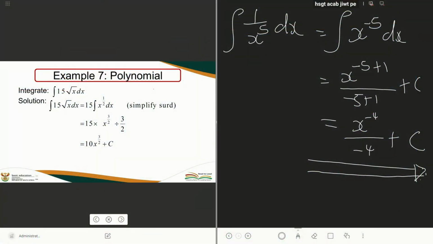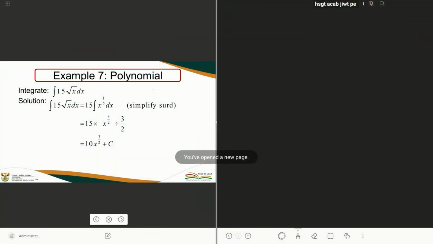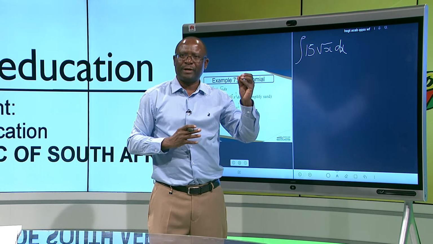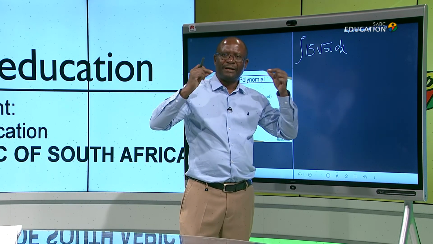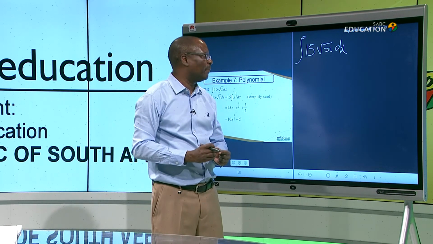Then let's look at another example, which is a polynomial. You are given the integral of 15 square root of x dx. In our key concepts, I spoke about the surds: always ensure that before you integrate, you write your surds in simplified exponential form.